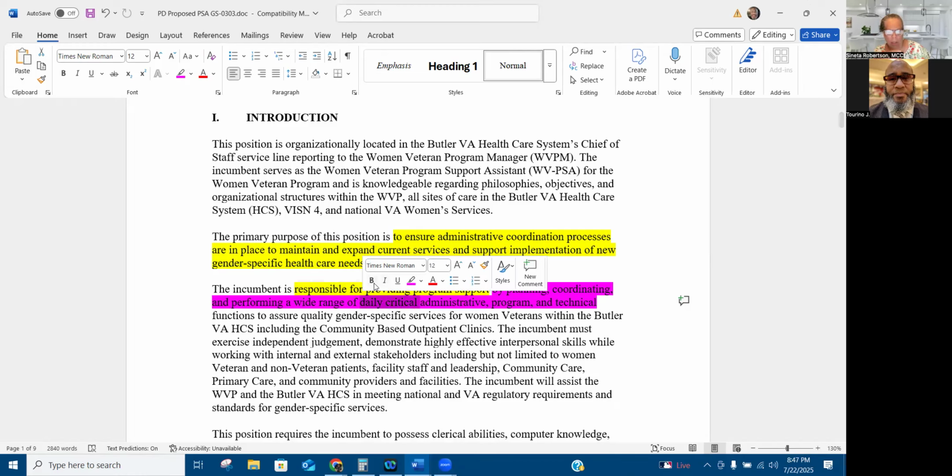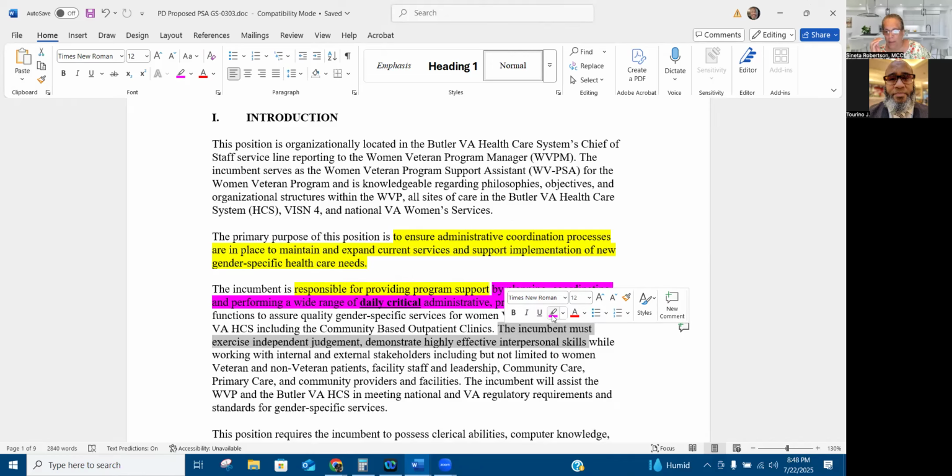I don't know why they have all this in the introduction, but they probably do because they know the standard is narrative. Right there, in the standard, the incumbent must exercise independent judgment. See, it's giving you the levels of the work based on the words that they use.